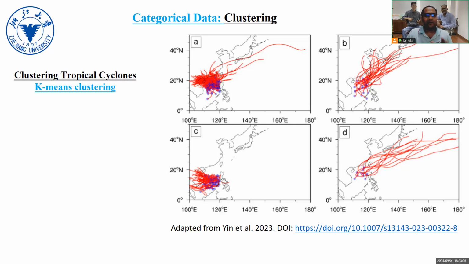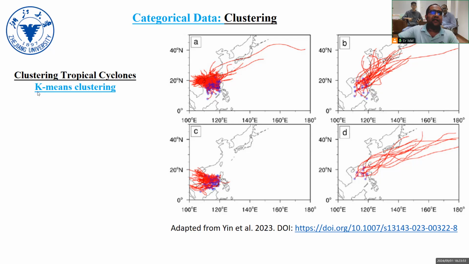So you cluster them, then analyze them, and it's helpful to forecast typhoons. Otherwise, if you just use all the cyclone data to forecast, then it's very difficult. The straight moving and recurving ones have different characteristics, and their large scale environment, the ocean and air factors, are different. So that's why we use the clustering method.